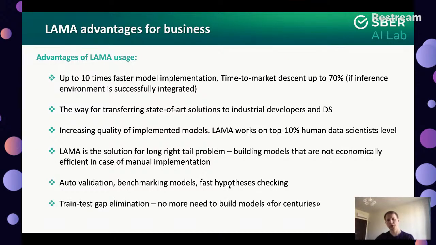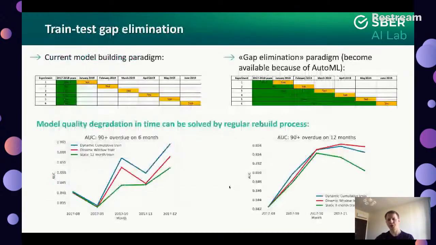And the last but not the least advantage for business is the train-test gap elimination. As I stated before, we don't need to build the models for centuries, or just put it into production today and wait for 2 years before updating it. Why is it possible?